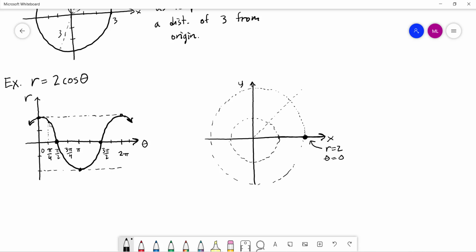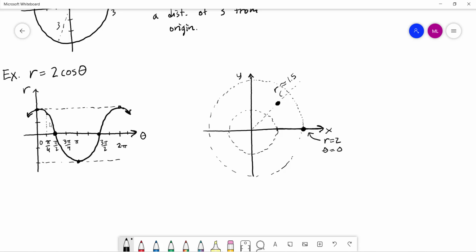But we are at a distance of about 1.5. That puts us ballpark over here-ish. So in this point, I'm at r is maybe 1.5-ish, somewhere in that ballpark. And theta is pi over 4. So I've translated this point.